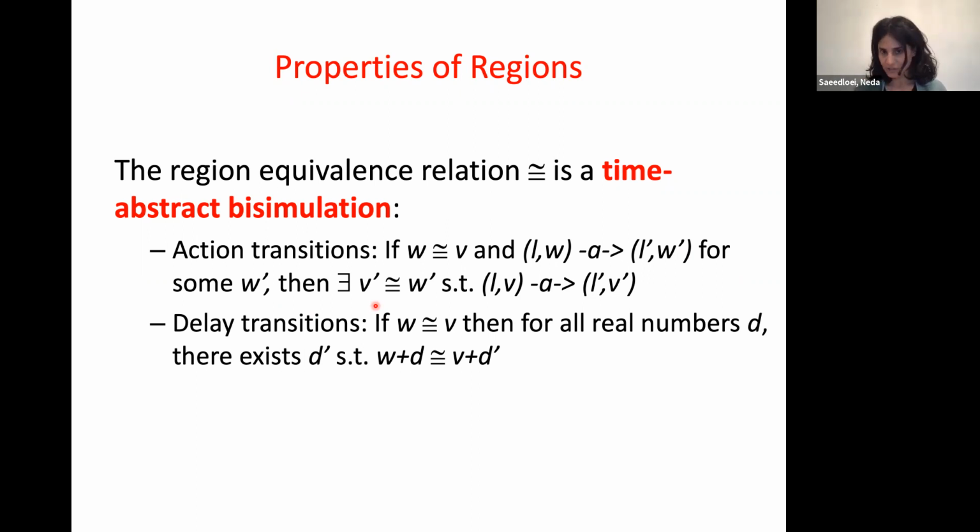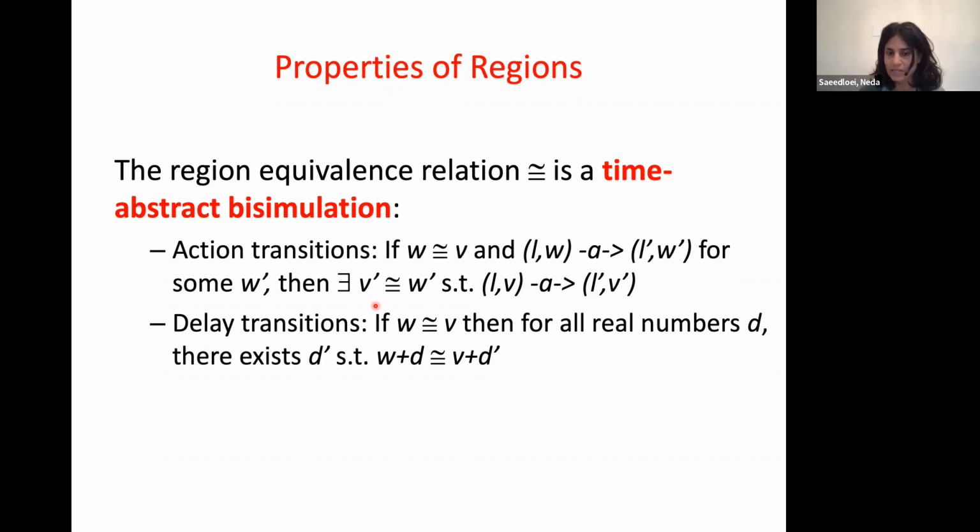That was action transitions. Intuitively, it means that if two clock valuations are equivalent, and one of them can take an action transition or a discrete switch transition, then the other one can also take that discrete switch transition, and they are going to end up in two states that remain equivalent.